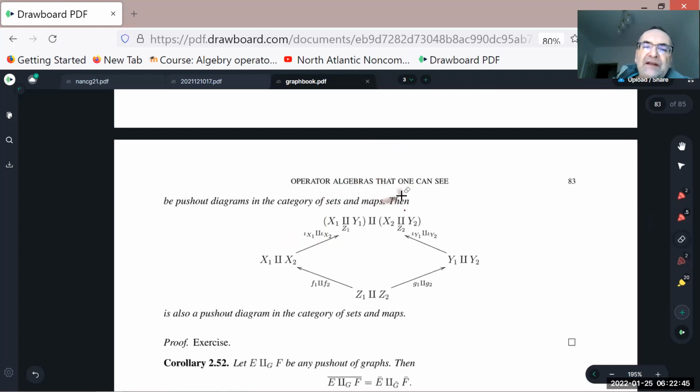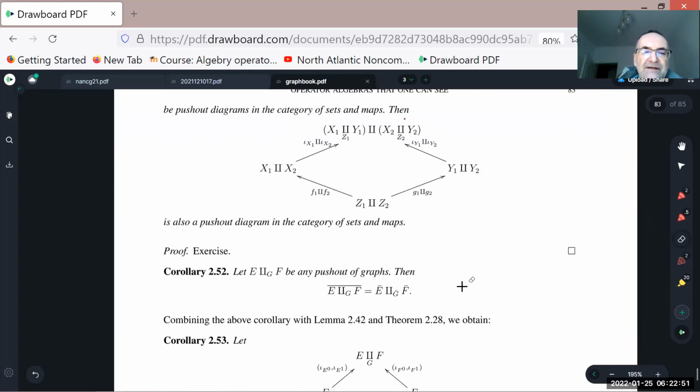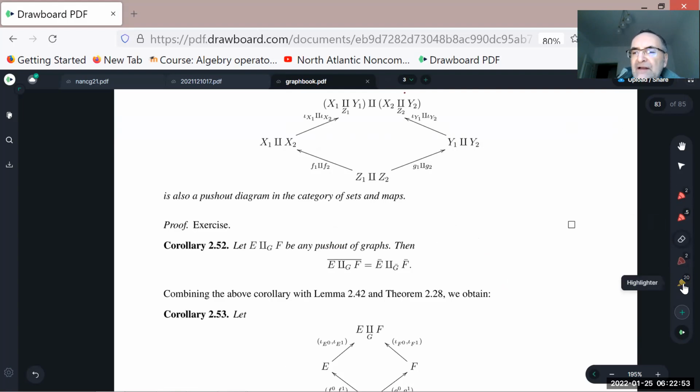Namely, I know how this extension functor behaves with respect to push-outs. So now let E, G, F be a push-out of graphs, any push-out of graphs. Then the extension of a push-out graph is the same as a push-out of the extended graphs.